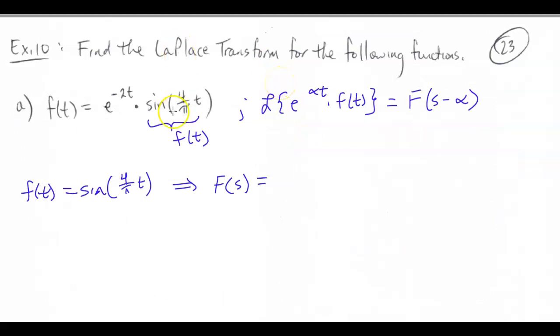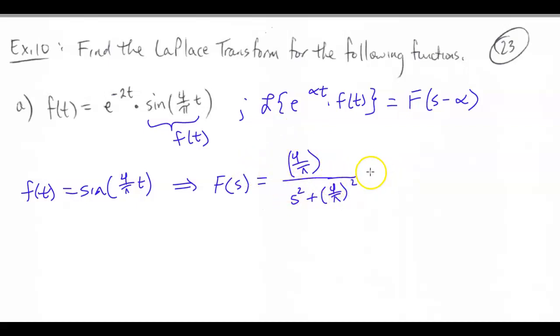So we come here. We know that omega is just going to be 4 divided by pi. So we'll say 4 divided by pi over s squared plus 4 divided by pi, squared.